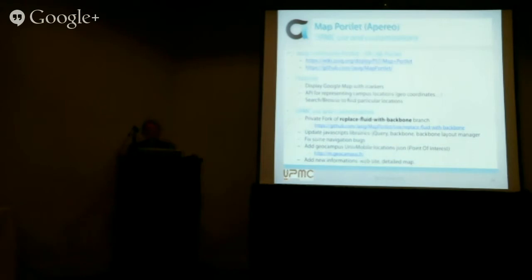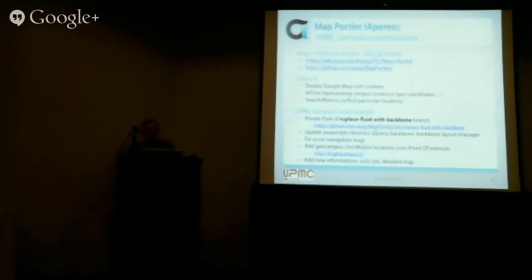This specific branch doesn't use Fluid. It uses jQuery and Backbone layout manager, and we fixed sub navigation bugs on a private branch, and we added GeoCampus unique mobile location JSON points of interest.